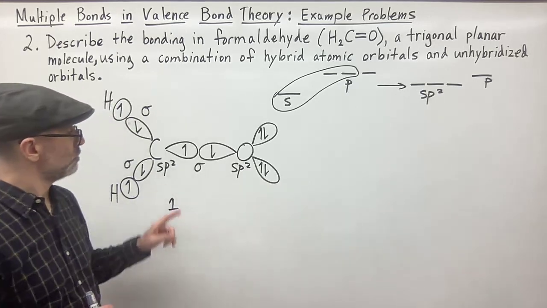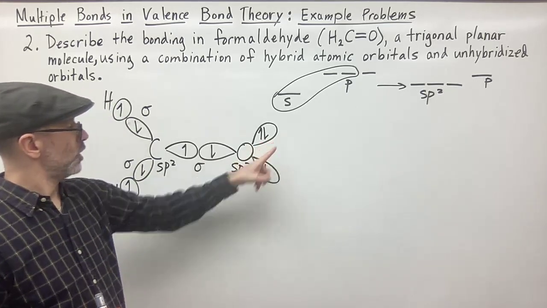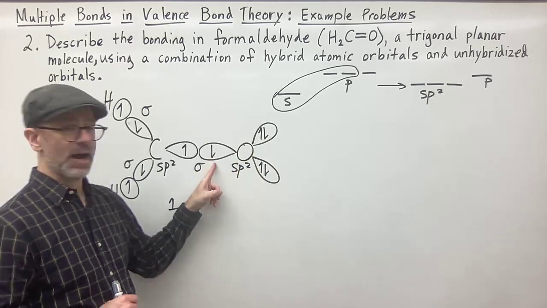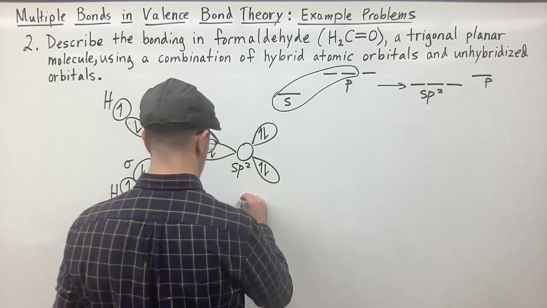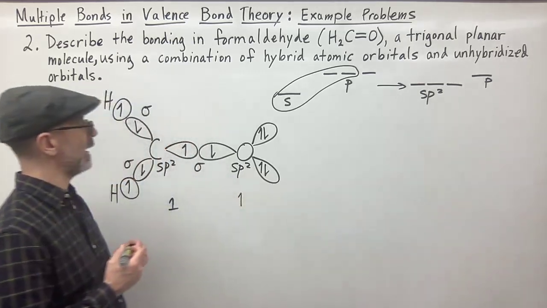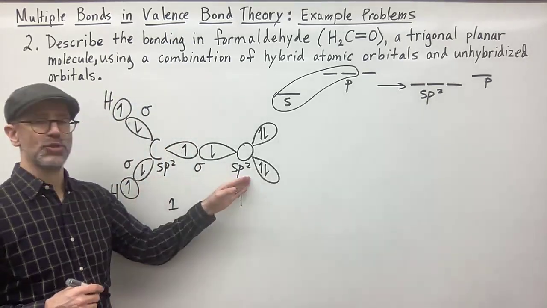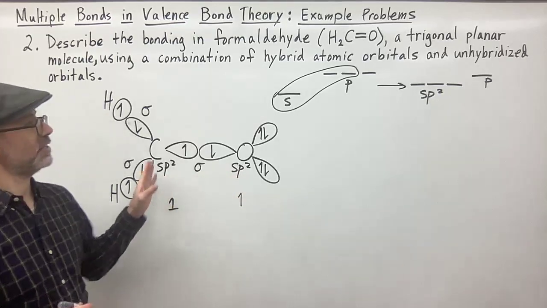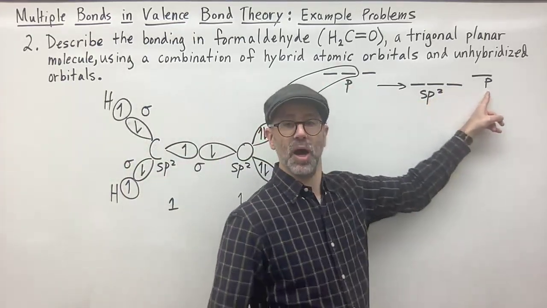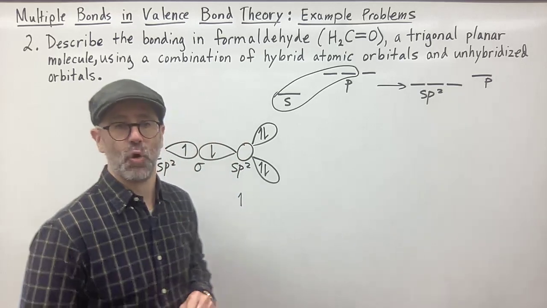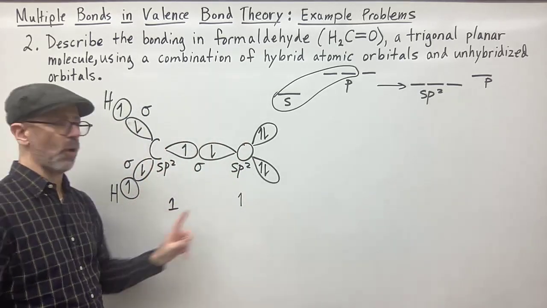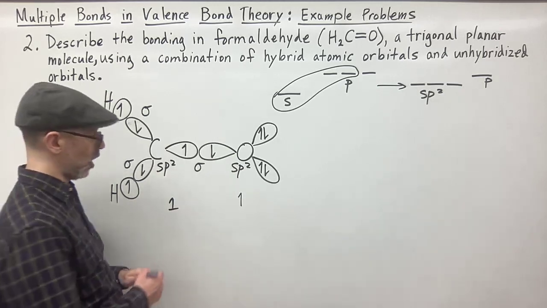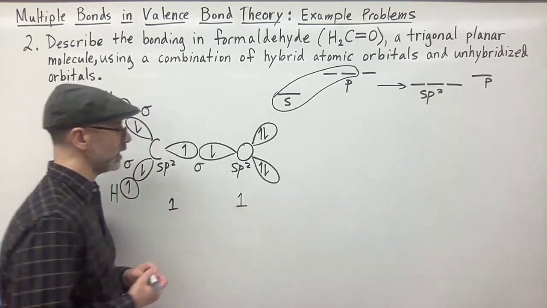So we used 1, 2, 3, 4, 5. So that means we have 1 electron left over here. And because they're both sp2 hybridized, that means that we have 1 unhybridized p orbital left over on both the oxygen and the carbon. So both of those are going to be filled with 1 electron each.